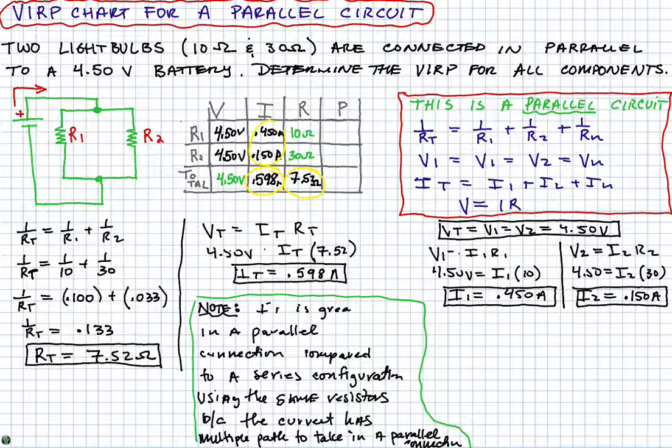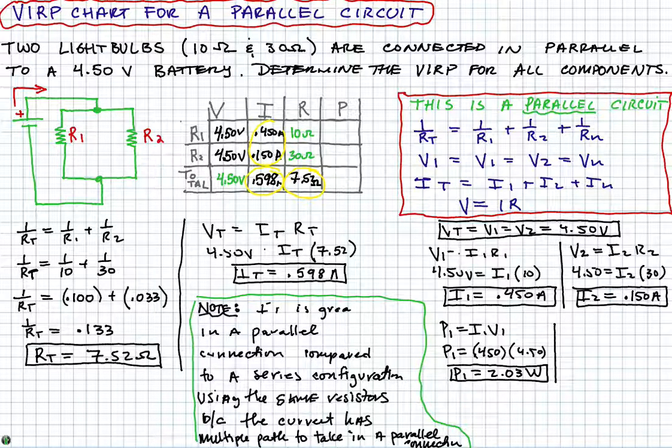Now finally, the power calculation. Power is equal to IV. So power 1 is equal to I1V1. So power 1 is equal to 0.450 times 4.50. P1 is equal to 2.03 watts.